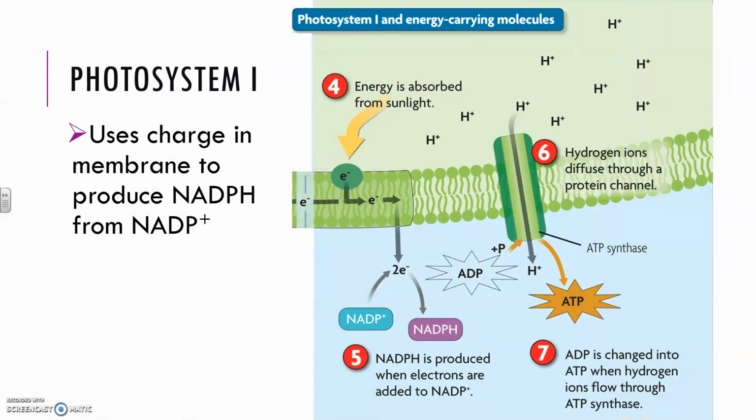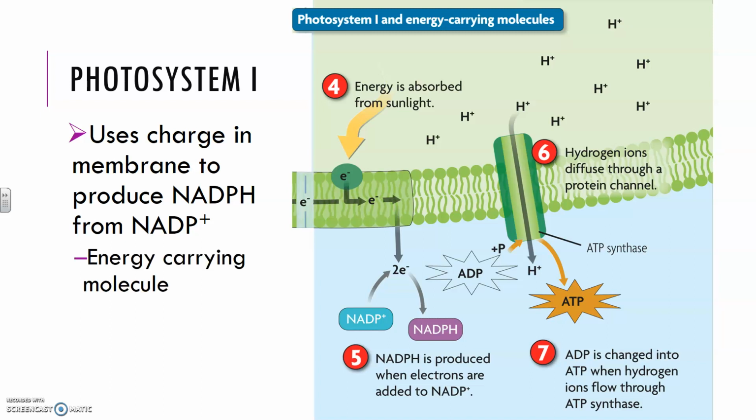So, photosystem 1 looks almost identical to photosystem 2. Okay? You've got your chlorophyll hanging out in the thylakoid membrane here, and the chlorophyll will absorb that energy and produce the charge inside of the membrane, and then pass that off into NADP plus to produce NADPH.